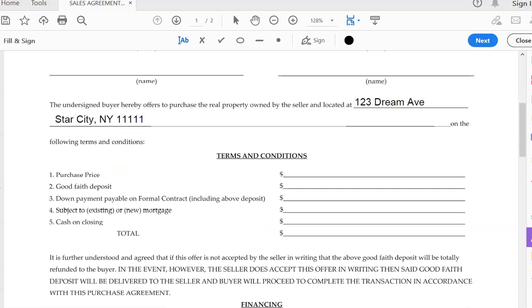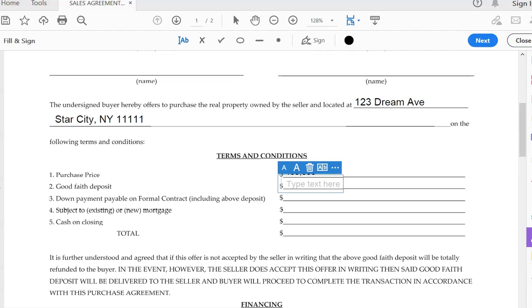Now, what's the purchase price where we're presenting or putting an offer in for? Let's say we're putting an offer in for $450,000. Good faith deposit. That's only if at the time that we're presenting the offer, the buyer would be placing a deposit, a good faith deposit.